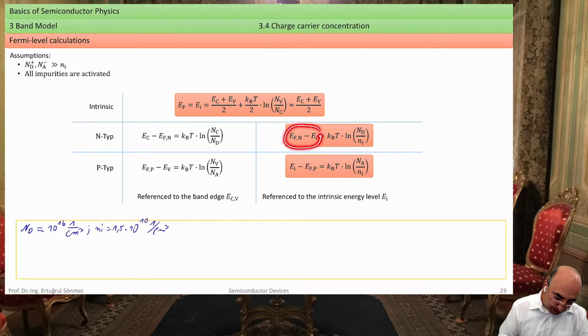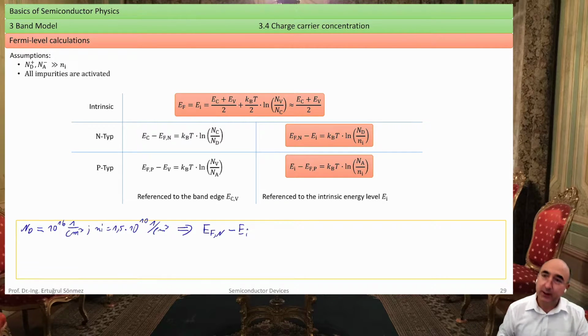Therefore, as we have given the intrinsic carrier concentration, we calculate the difference between the center and Fermi level. So the Fermi level in the N-type semiconductor minus the intrinsic energy level is equal to the Boltzmann constant times T, the temperature, times the natural logarithm of 10 to the power of 16 divided by 10 to the power of 10.